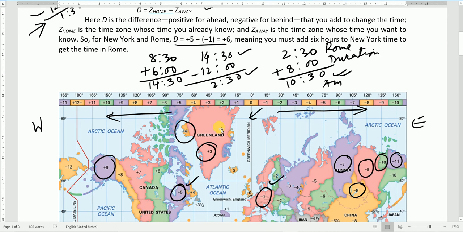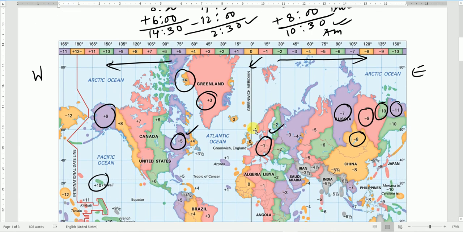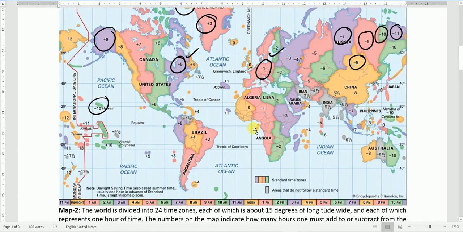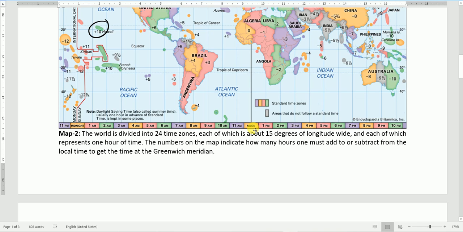So about the map, I have already told you. The world is divided into 24 time zones, each of which is about 15 degrees of longitude, and each represents 1 hour.